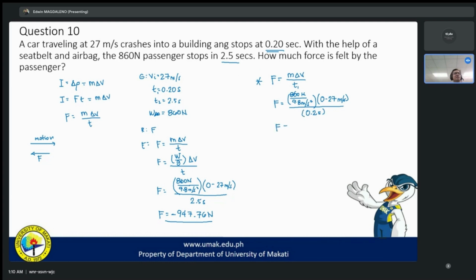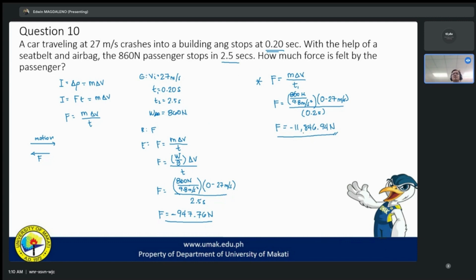So if we compute that, that will be equal to negative 11,846.94 Newton.